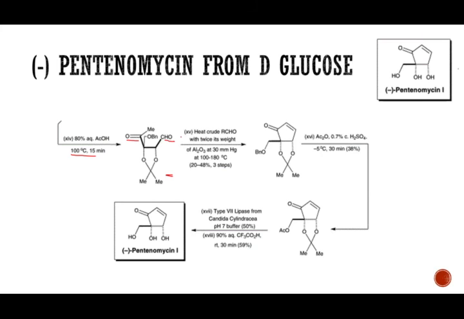This is an aldol condensation reaction. This alpha hydrogen is abstracted and we get aldol condensation between this keto and aldehyde, and by dehydration we get this alpha beta unsaturated ketone over here by intramolecular aldol condensation.